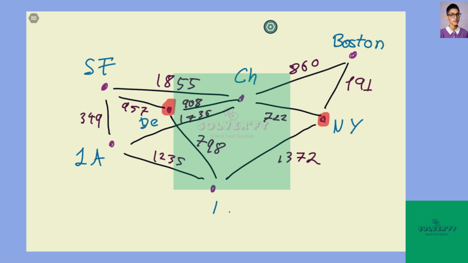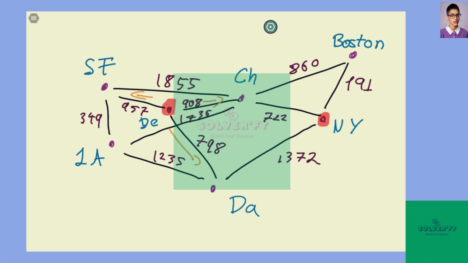Clearly we cannot go back to San Francisco. That will be a pointless path and will not benefit in anything. So from Denver we can either go to Dallas first, or we can go to Chicago.